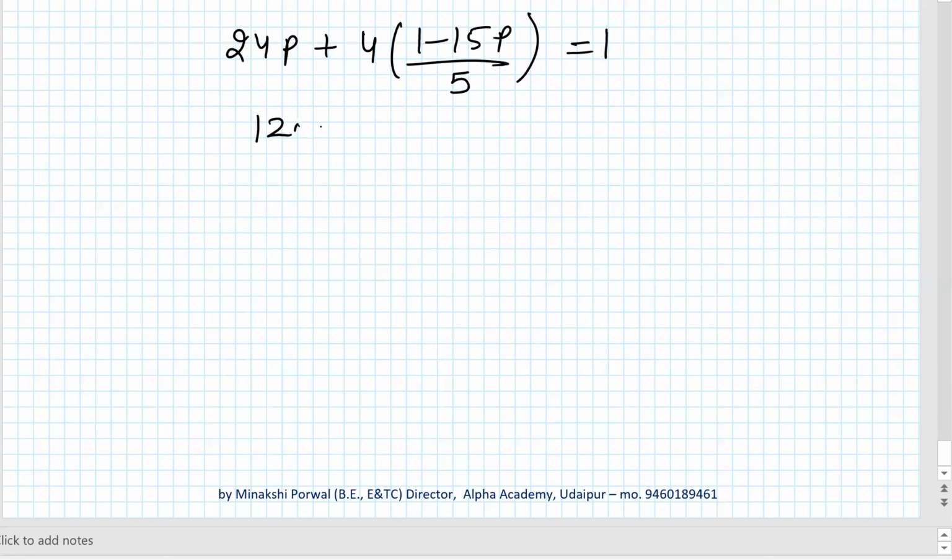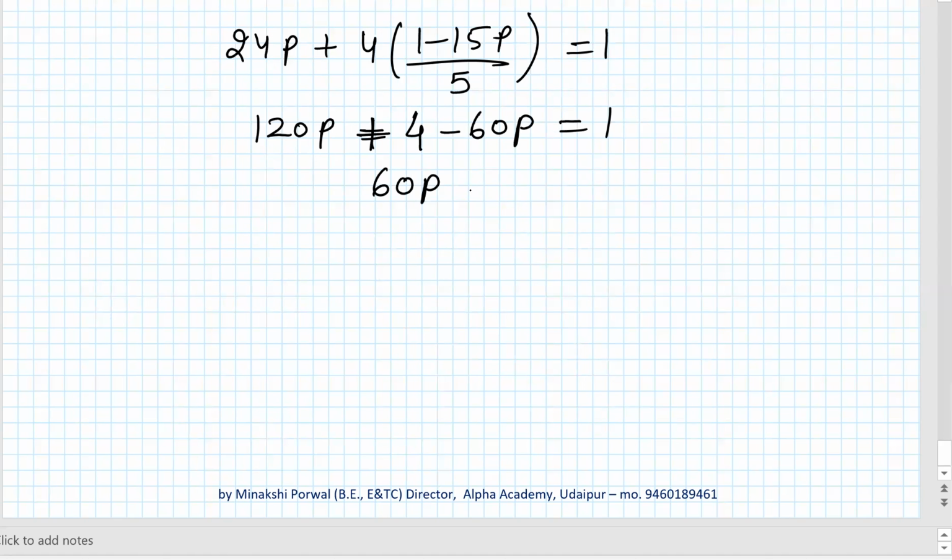Solving this further, that is 24p plus 4 into 1 minus 15p upon 5 equals 1. So multiplying by 5 in entire equation, 5 into 24 will be 120p. 5 will cancel here. So it is plus 4 minus 60p equals 1.